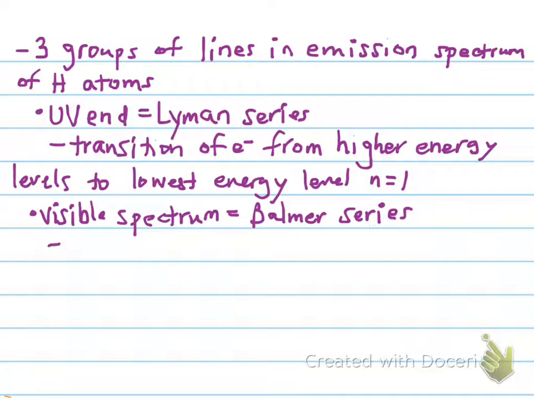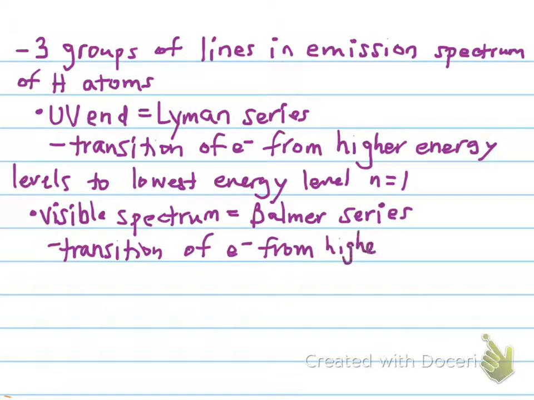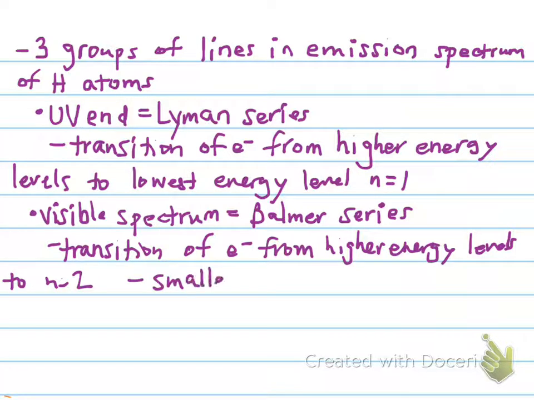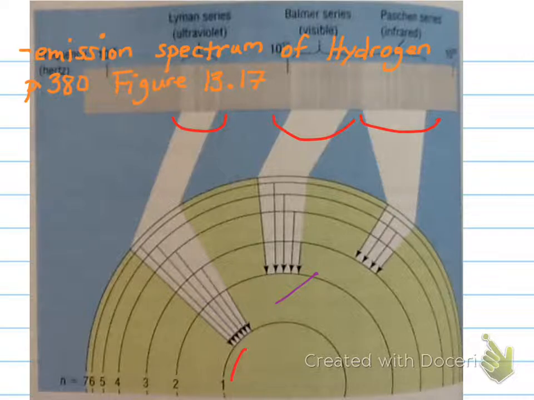So these are the transition of the electron from higher energy levels to the n equals 2. Also notice that this is a smaller change in the electron energy. Right, so this distance here, that's smaller than the distance here.